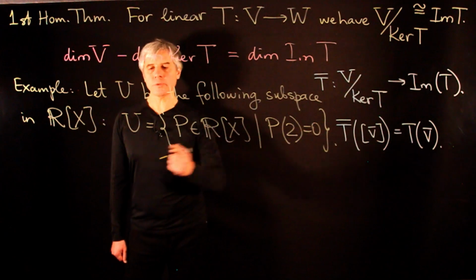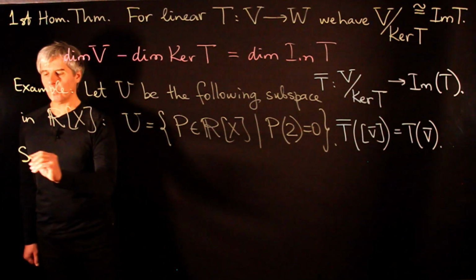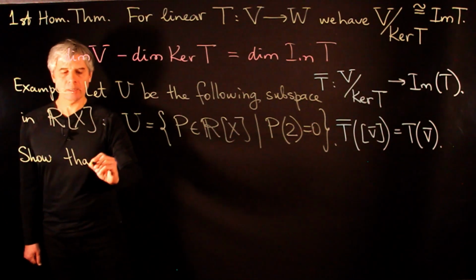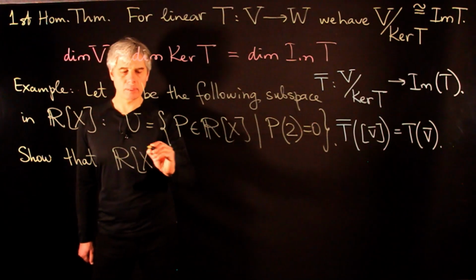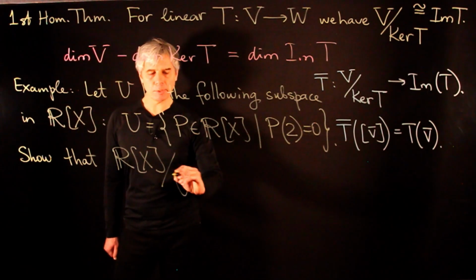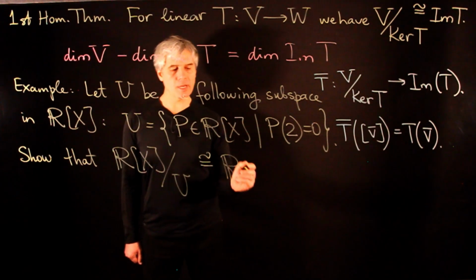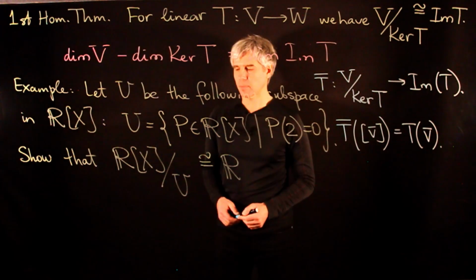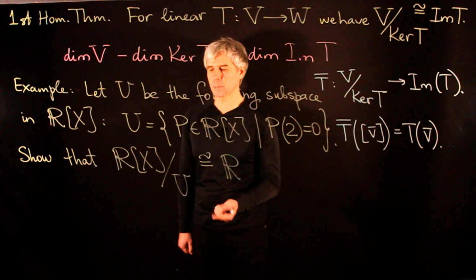It's easy to prove that U, in fact, is a subspace. And so what we want to do is show that the quotient of R of X by the subspace U is isomorphic to R, that is, a one-dimensional vector space over real numbers. This is a very typical example of applications of the first homomorphism theorem.